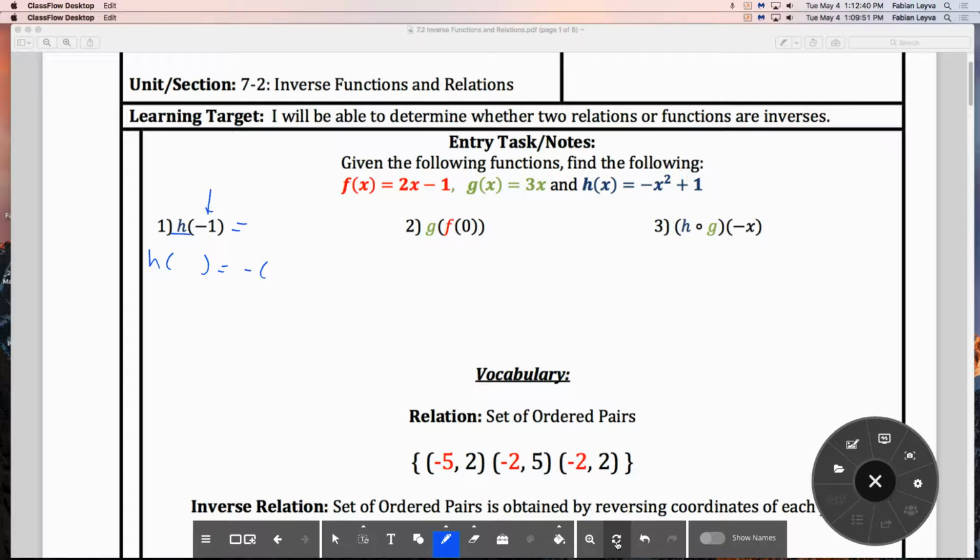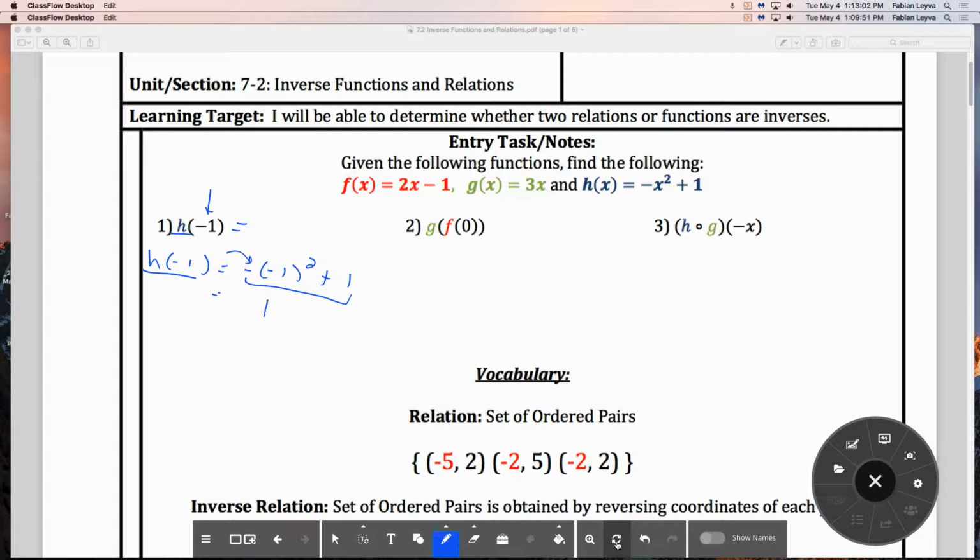The way I like to do it is to rewrite my whole h function, but with parentheses everywhere there's an x, so that I can go back and input whatever my input is. And h of -1 is what you're looking for. Remember your rules of PEMDAS. Is there any work to be done inside the parentheses? No, but there is an exponent. So -1 squared is just +1.